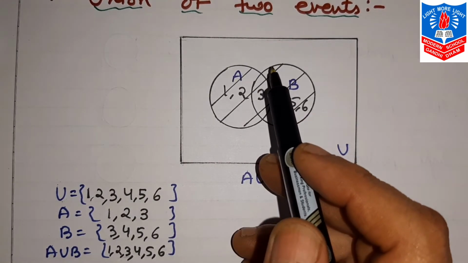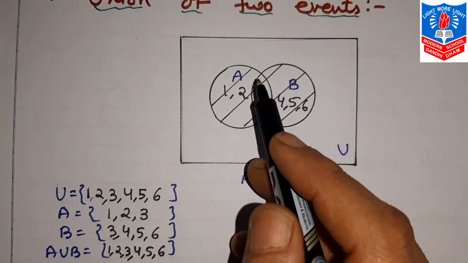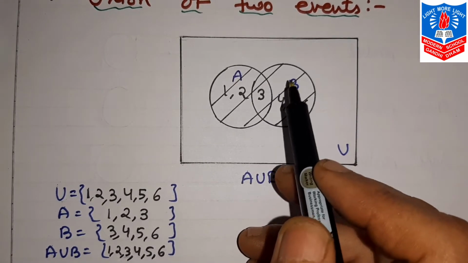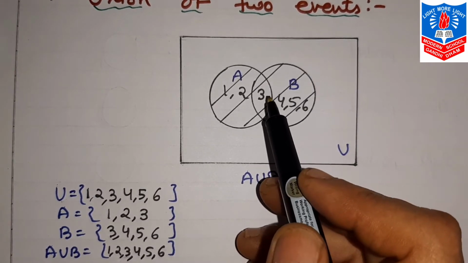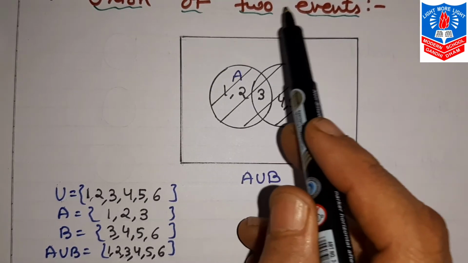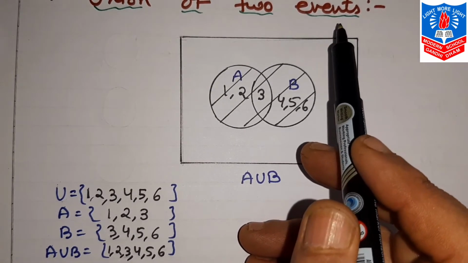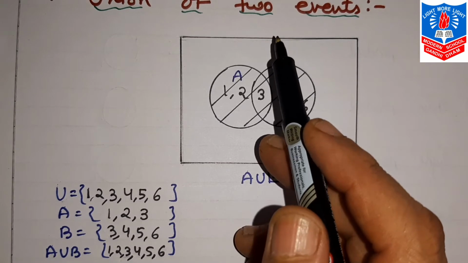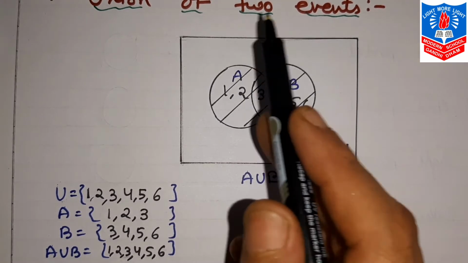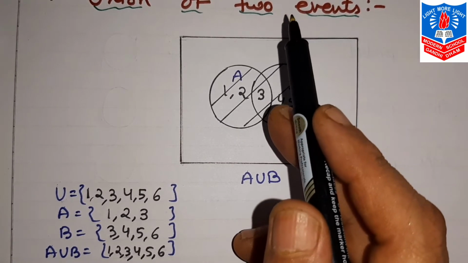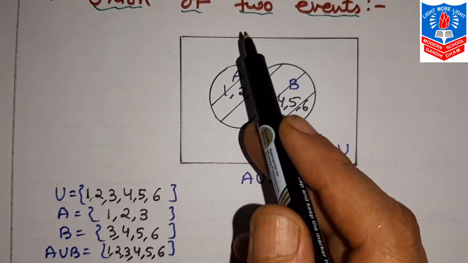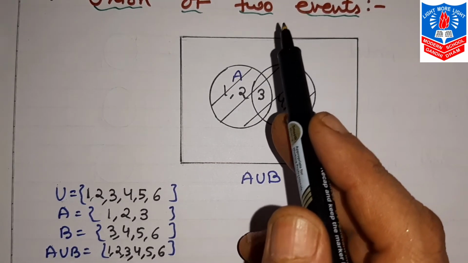Now remember this. In a question, if the words at least come, that shows the union of two events. And where the words A and B come, as two different events, in that case it is called intersection.